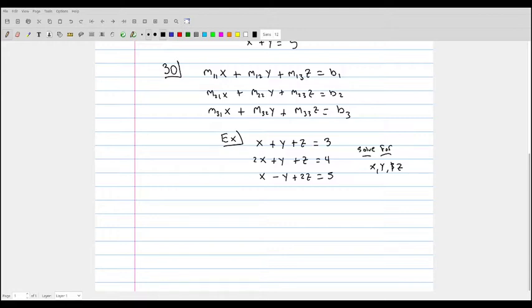But the point is that you can use this process to solve a system of any size. But we'll see by the end of the lecture that there's a very nice, very straightforward algorithm called Gaussian elimination, or row operations, that we can apply to any size linear system.